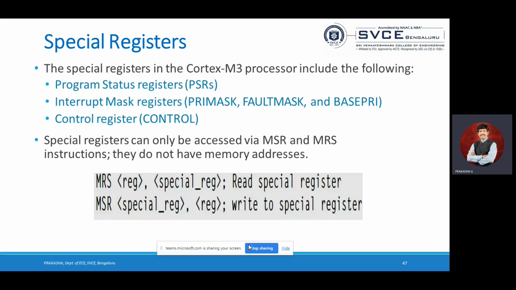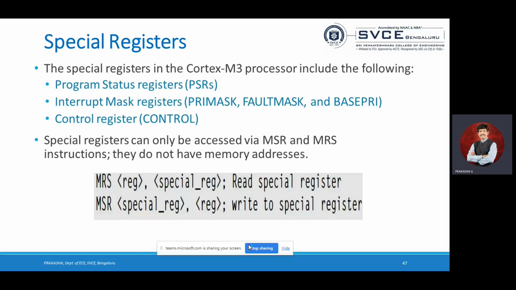Similarly, we have one more instruction, that is MSR. MSR is the reverse process of MRS, where it will write into the special register from the general purpose register.